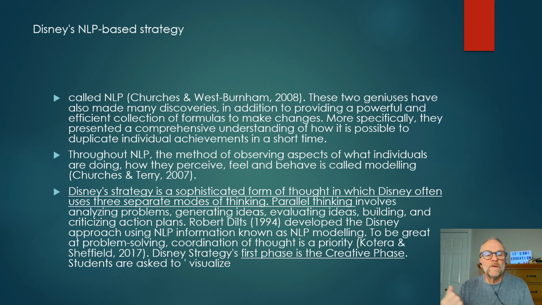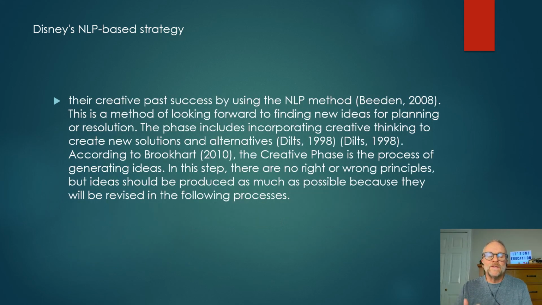Okay, so the Disney model here is a sophisticated form of thought in which Disney often used three separate modes of thinking. So the first phase is called the creative phase. Okay, so this creative phase includes incorporating creative thinking to create new solutions and alternatives. I think this is kind of like the brainstorming phase.